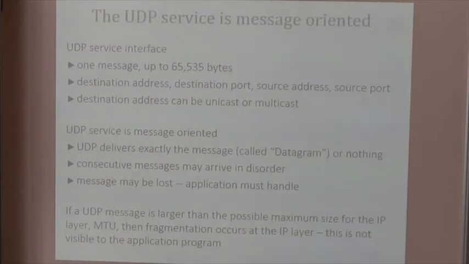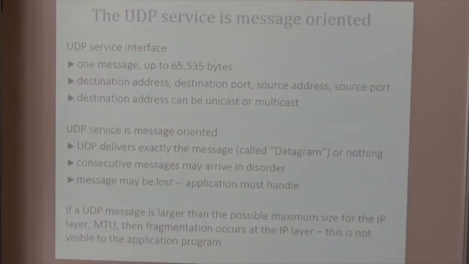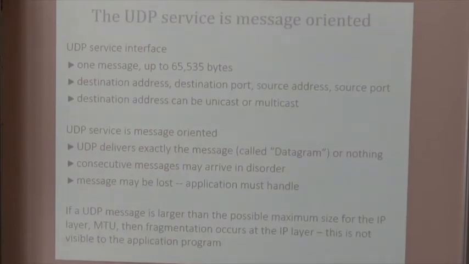UDP may break it into several packets, but it will always make sure that the message as it was submitted by the sending side is exactly the one that is delivered to the receiving end, which seems normal, but as we will see, it's not what TCP does. Right? UDP treats every message as one atomic entity that it has as a job to deliver.